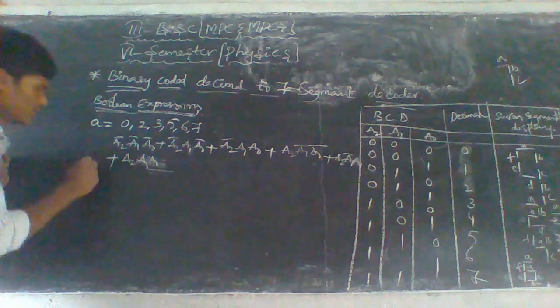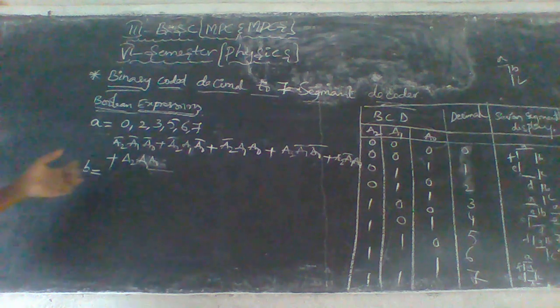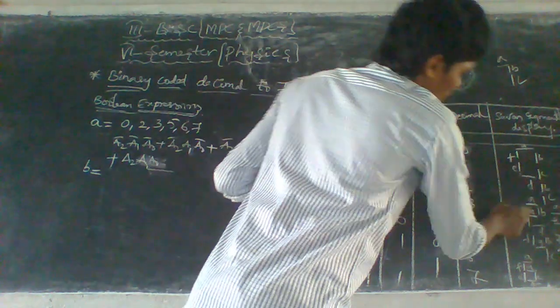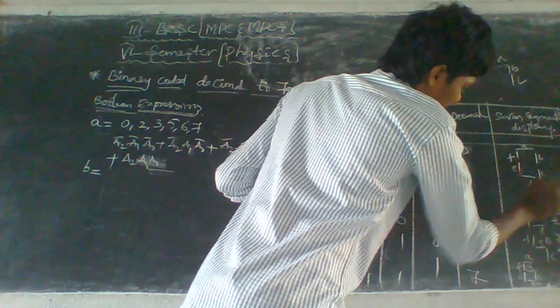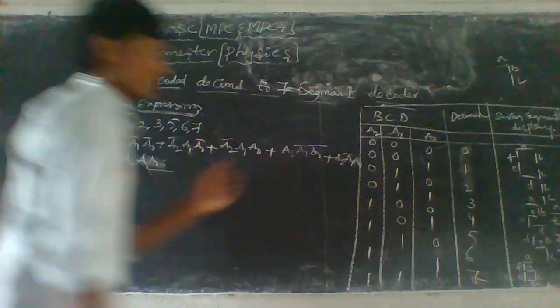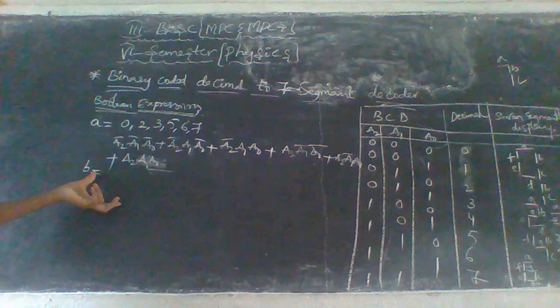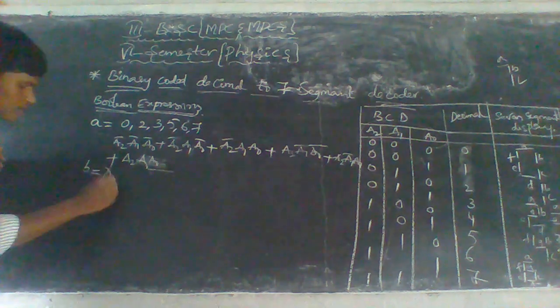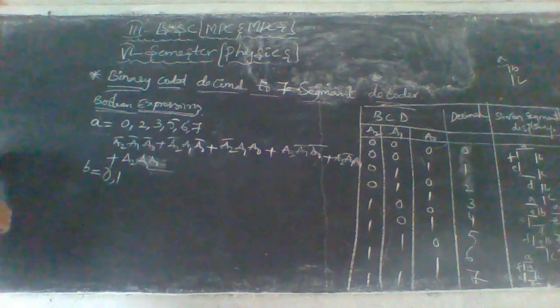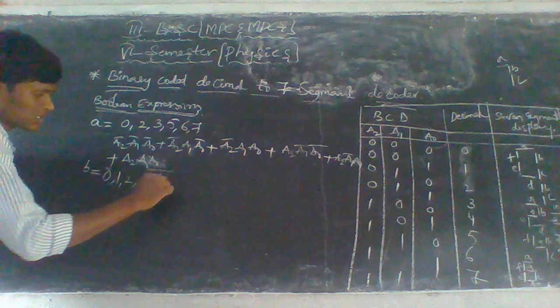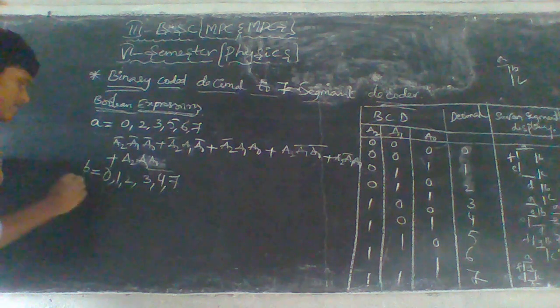Okay, and B will be displayed on 0, 1, 2, 3, and 4 and 7. Okay, sorry, 0, 1, 2, 3, and 4, and 7.